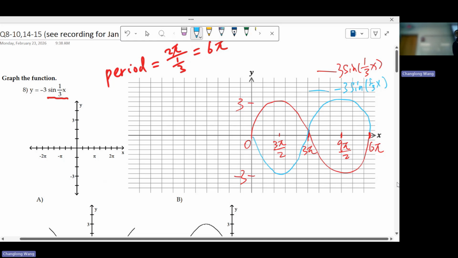Or even if you don't have to graph by hand, the way you're looking at this graph is the same as the way you'd be looking at those options, right? Don't you think that you should be looking for a graph that goes as wide as 0 to 6 pi, right? And the midpoint when the graph comes down has to be at 3 pi. Those skills work out just fine.